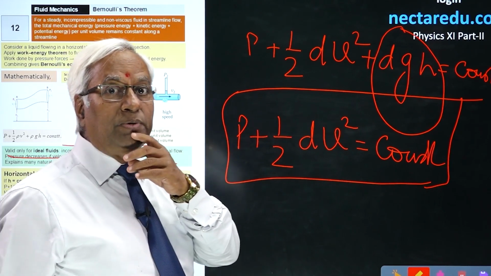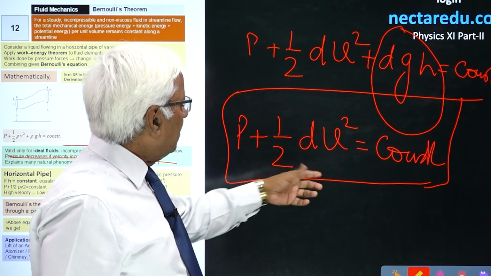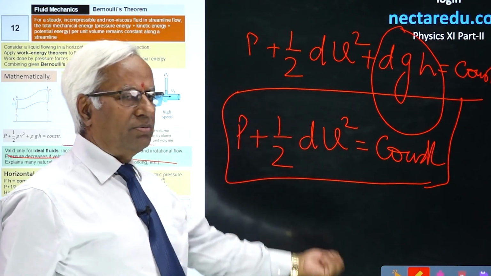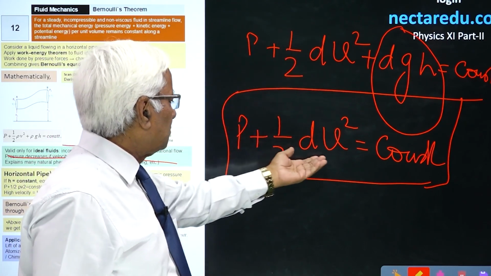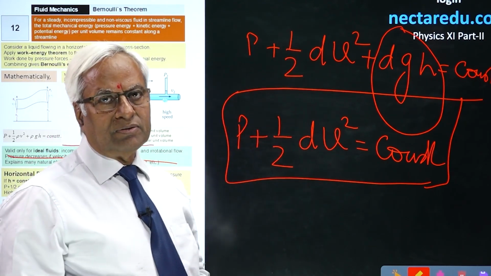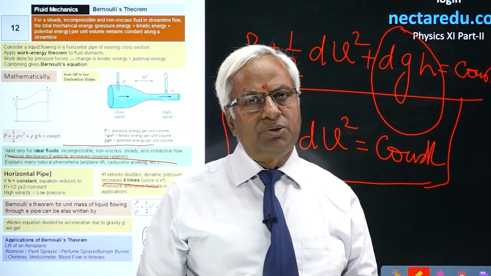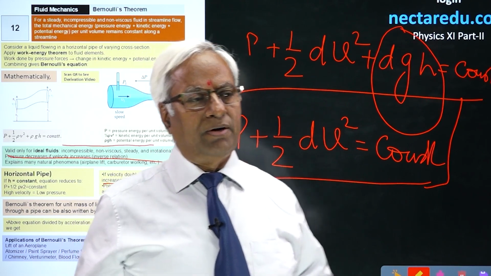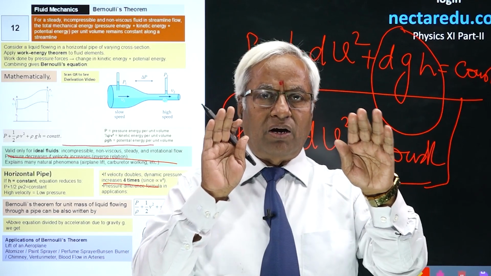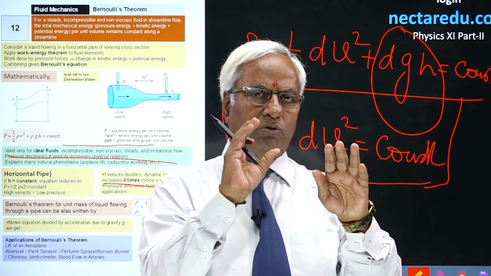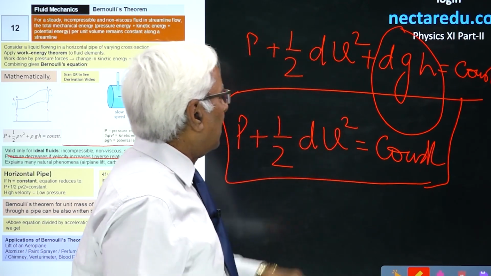This is known as Hawksby's law, but that's not so popular. This law says when pressure increases, velocity decreases, and when velocity increases, pressure decreases. You have to remember this, and you'll see so many examples. For example, when two trucks are passing side by side, if the velocity becomes greater, pressure automatically will be less between them. So this is maintained throughout.